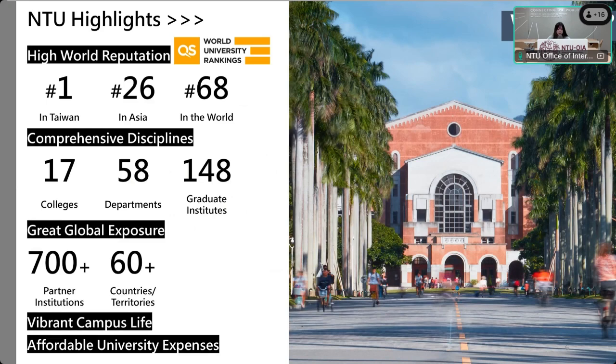Among other resources, we have a really affordable university tuition fee. Later on, I will also elaborate more on that. Okay, on this presentation page, I've listed the universities which have a similar ranking to NTU. This is only for your reference.